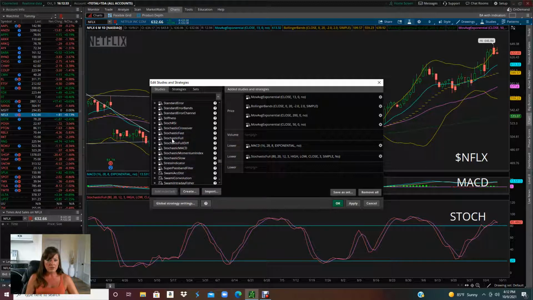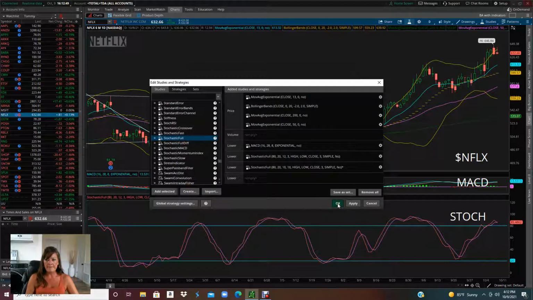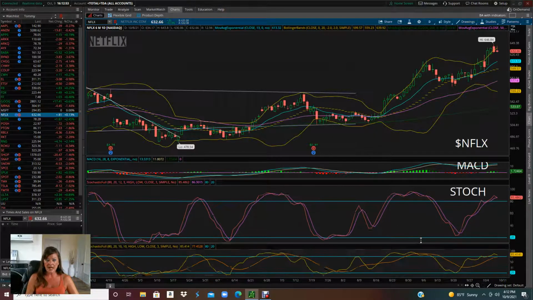Stochastics full, let's see where it is. Add, select. I'm going to change the colors so we can see the difference. Let's do yellow and orange, and okay. So here's the default stochastics.